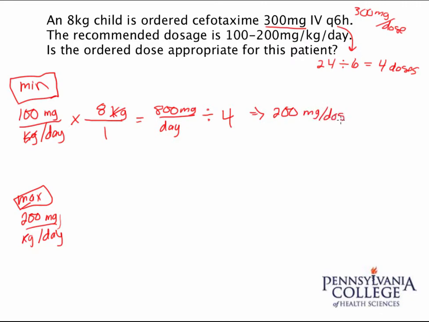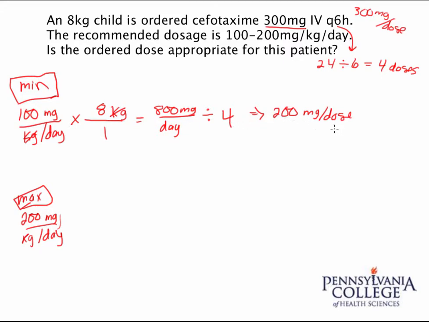Notice I'm using a little bit of dimensional analysis, and here I could have easily done dimensional analysis as well by multiplying by 1 over 4. But it helps me at least to know that that 800 milligrams is being split into 4 equal doses for 200 milligrams per dose.